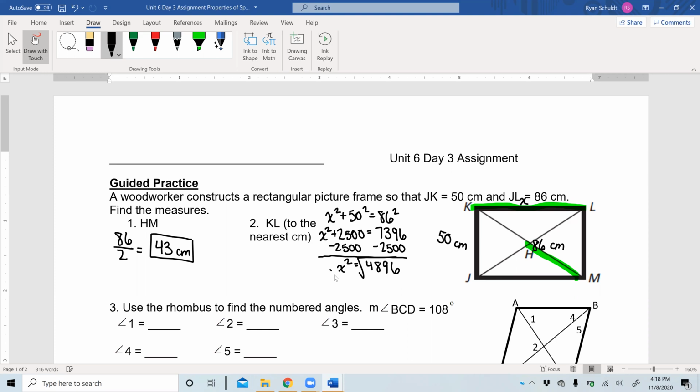Now, when I square root this, I'm going to get some long decimal. Notice our instructions say to round to the nearest centimeter though. So I'll take the square root, I get 69.9714. But to the nearest centimeter, that's 70 centimeters.